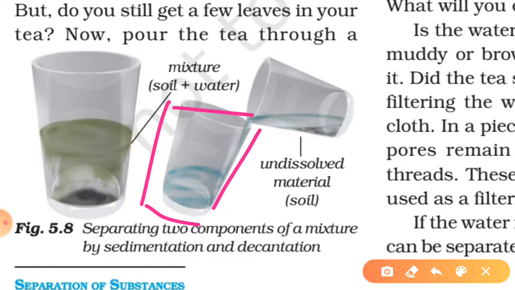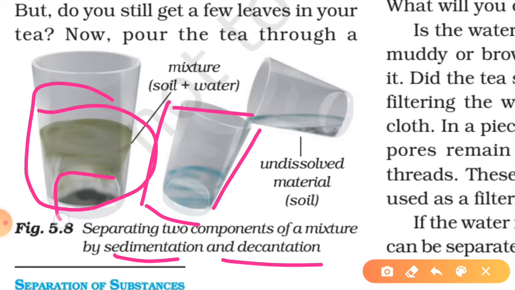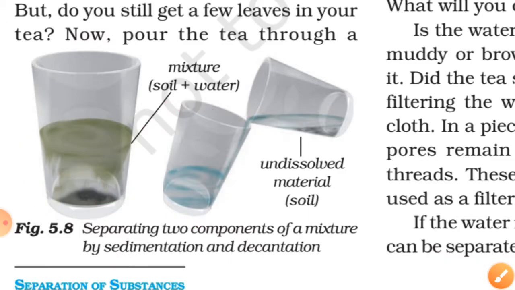When we tilt that beaker, the water will come outside, and we can separate the sand from that water. So we use both methods, sedimentation and decantation. When the sand settles down, it is known as sedimentation, and when the water is separated from that soil and water, it is known as decantation.